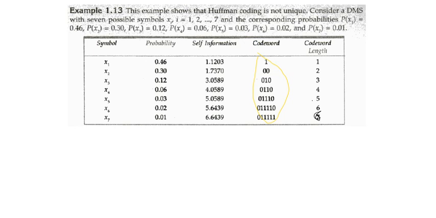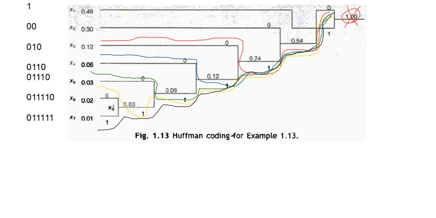Now using these code word lengths and probabilities, again we can calculate efficiency and average code word length.